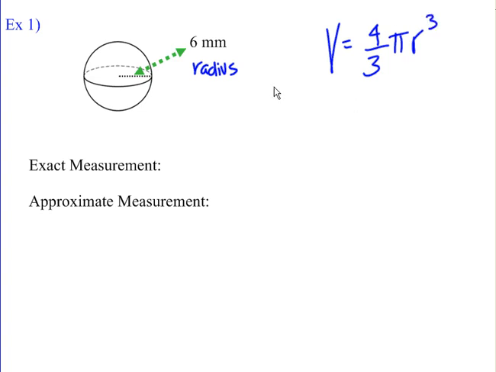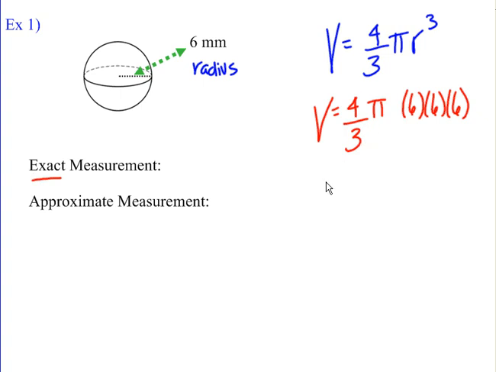What we're going to do is substitute 6 in place of the r, and we're going to do it 3 times. Now, when we're finding an exact measurement, we want to make sure that we know that it's divisible by 3. And hopefully you notice that, with 6 times 6 times 6, 3 does go into 6. But let's do it the long way.